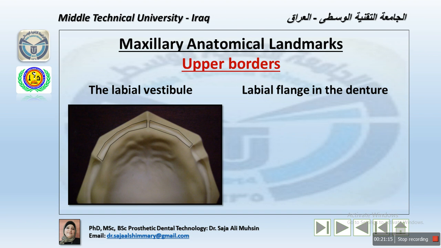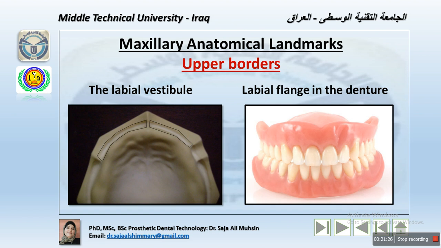Now, the labial vestibule, which is located between the lips and the alveolar bone, will create the labial flange of the denture. The borders should be about 2 millimeters in thickness and should be round and smooth. Otherwise, this may act like a knife on the labial vestibule of the patient.